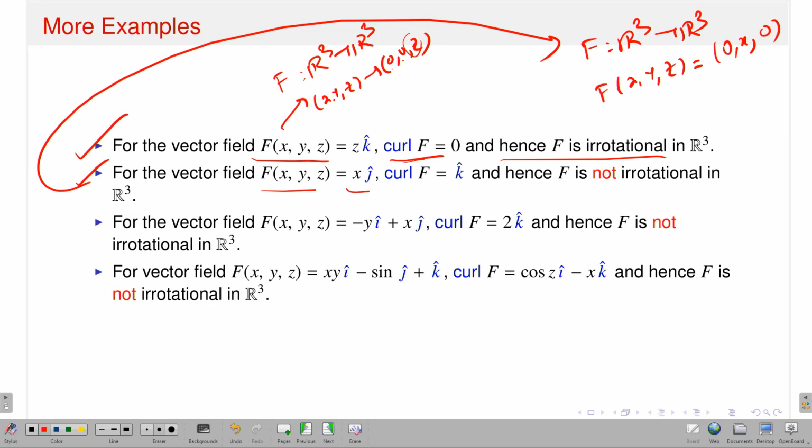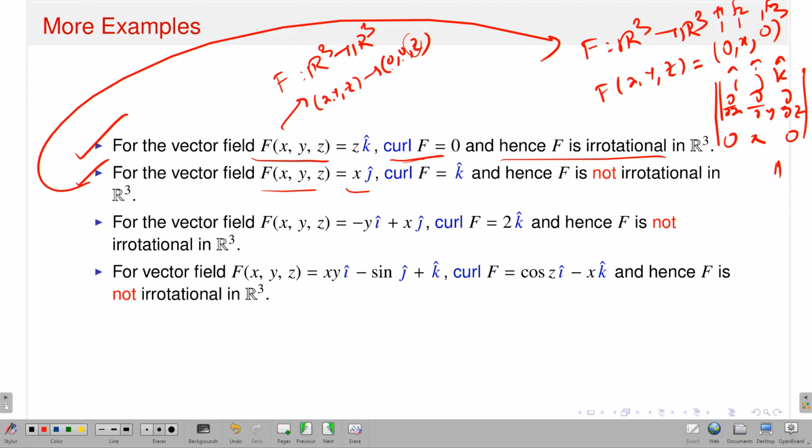Now, if you just apply the determinant formula, what is the determinant formula? i cap, j cap, k cap, then you have del del x, del del y, del del z. Okay. And what will happen? First, this is 0, functions small f1, small f2 and small f3. So, this is x and this is 0. And if I calculate it, what will happen?